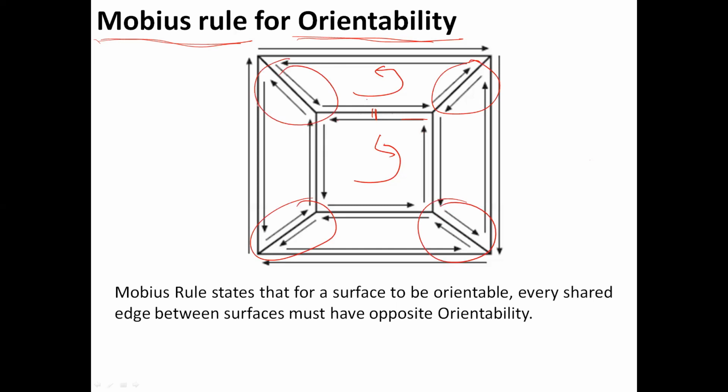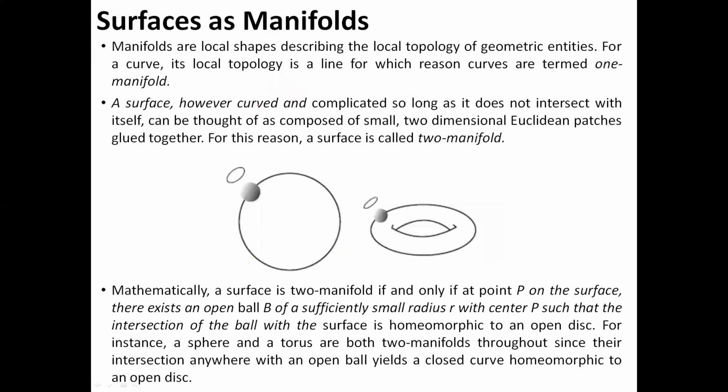So the Mobius rule states that for a surface to be orientable, every shared edge between two surfaces must have opposite orientability along the different surfaces. So this is the Mobius rule of orientability.